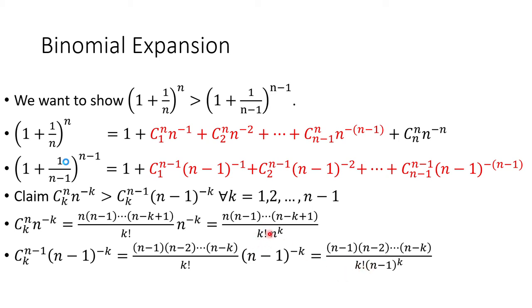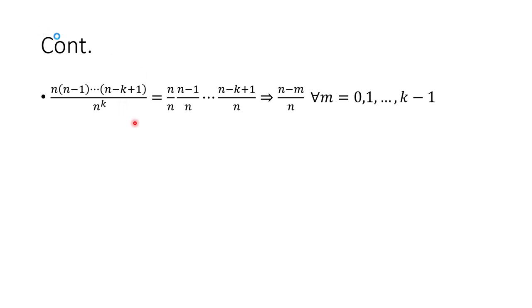So the next step is to show that, if you expand n^k, each of the terms in the numerator gets a factor of 1/n, and similarly here. So we prove that each corresponding term is larger than the corresponding term here. To do that, we distribute the n^k to each of the terms.